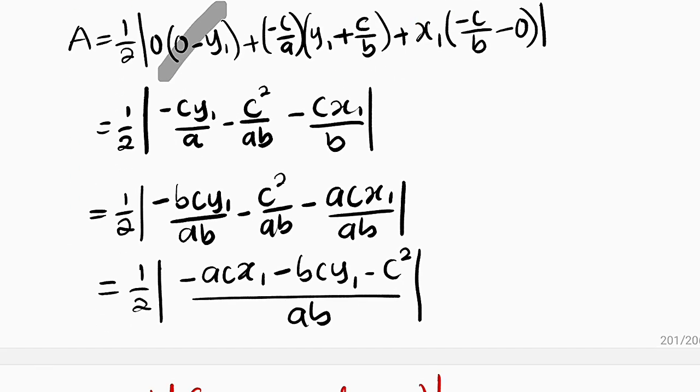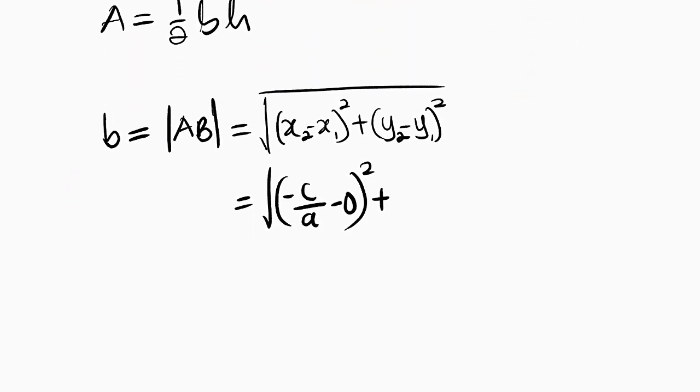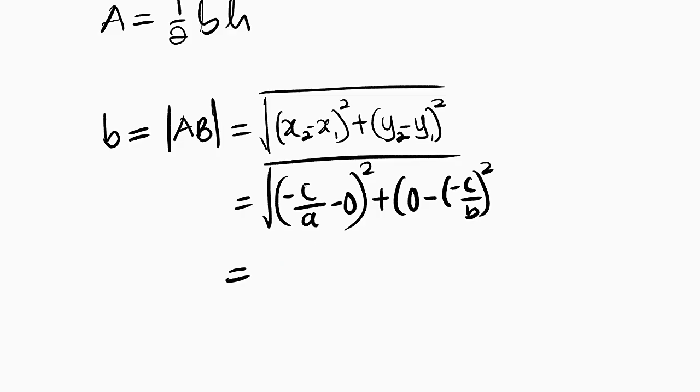So we have 0 minus c divided by b, 0 minus c divided by b, also squared. This is equal to, the whole of this minus 0 will not change it. If you square that, you're going to get c squared divided by a squared plus 0 minus c divided by b will be c divided by b. If you square that, you get c squared divided by b squared.